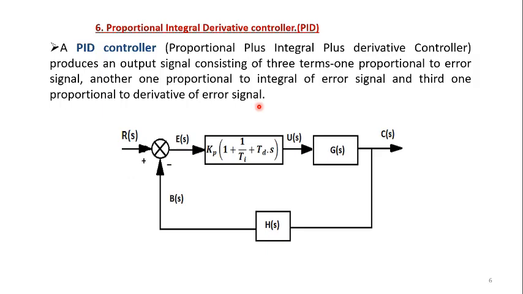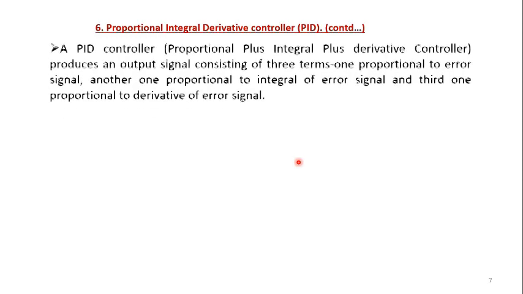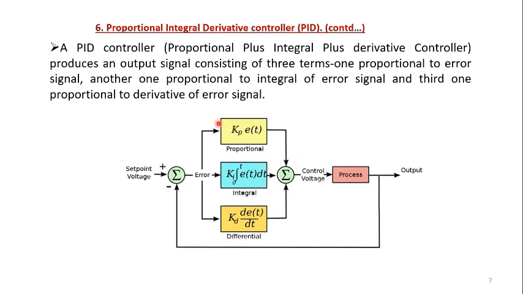This is the block diagram of a PID type of controller. In the block diagram, the error input to the controller has the transfer function Kp into (1 plus 1 divided by Ti S plus Td S). How do we get this? The PID controller is in the form of proportional plus integral plus derivative. The summation of these three outputs is the driving force for the control voltage in the process.